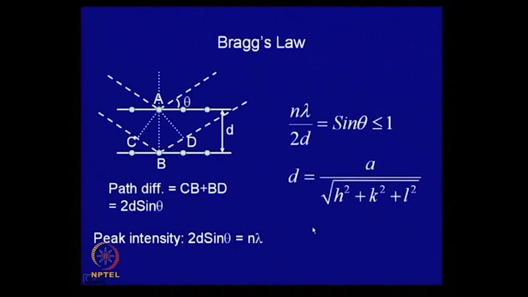Like copper, I said the K alpha radiation wavelength is 1.54. Now, if you want to record a diffraction pattern of copper with copper K alpha radiation, it is possible, because the lattice parameter of copper is around 3.6 if I remember correctly. So, the wavelength is much less, around half of the lattice parameter of copper. So, it is possible to record a diffraction pattern of copper using copper K alpha radiation.